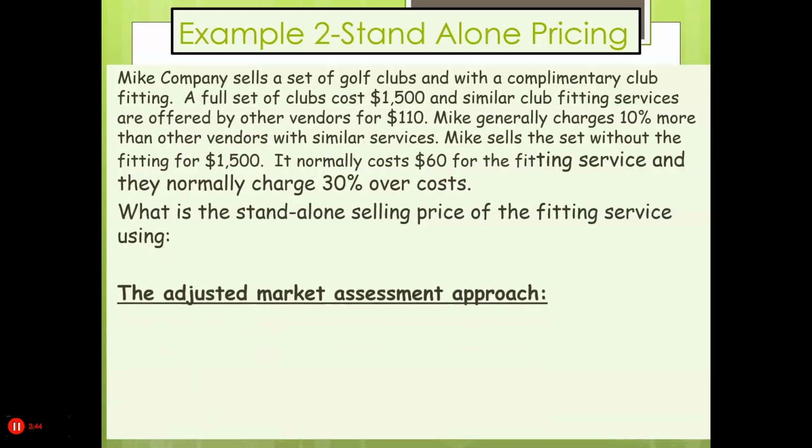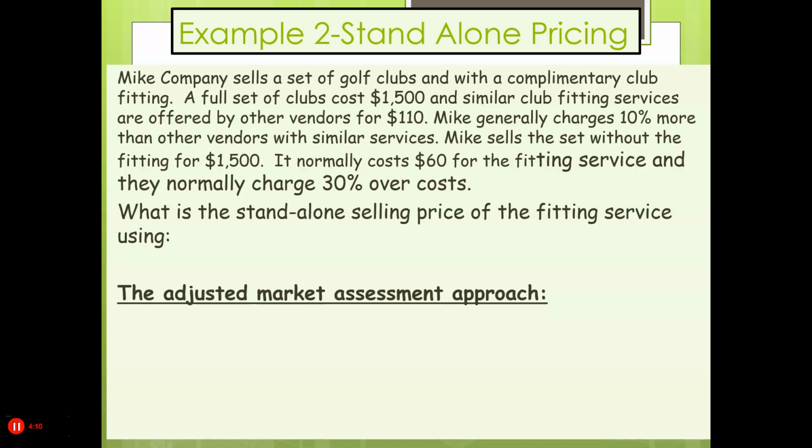So, in this example, what is standalone pricing if we use the adjusted market assessment approach? Now, we know that there's a full set of golf clubs, $1,500, and similar club fittings are offered by other vendors for $110. Mike generally charges 10% more than other vendors with similar services.